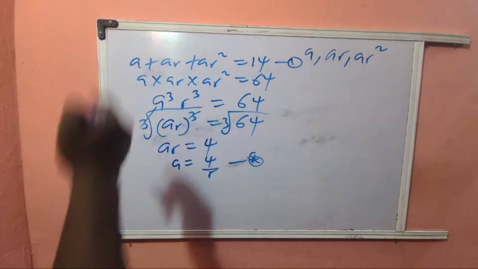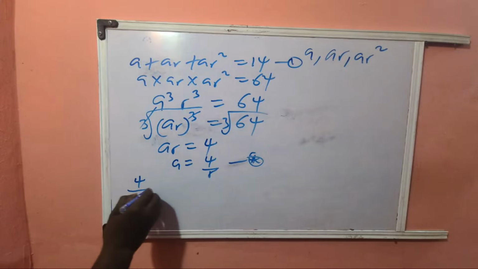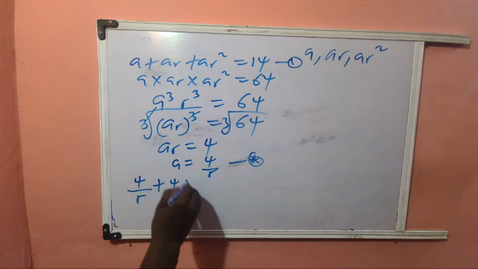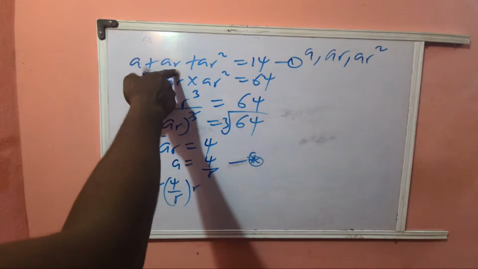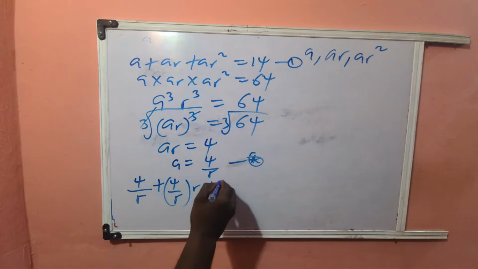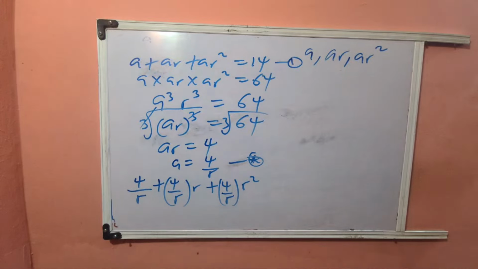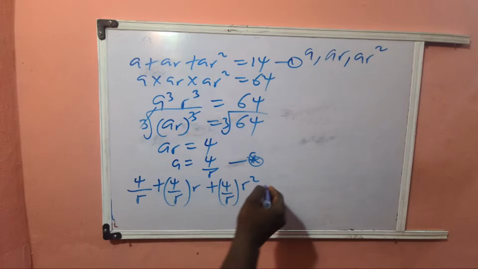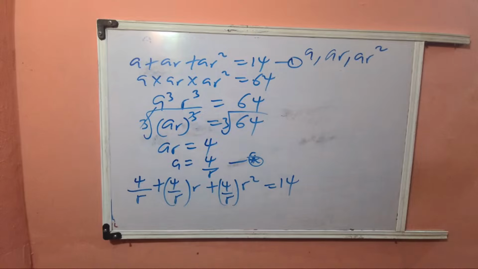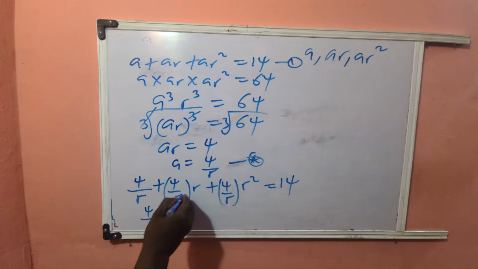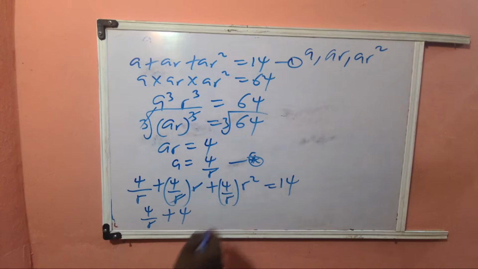So we'll have 4 over r plus 4 over r times r, because that's ar, plus 4 over r squared, equals 14. If you follow through, this r will cancel this r, you are left with 4. This r will cancel, you'll be left with 4r equals 14. This is nice, right?